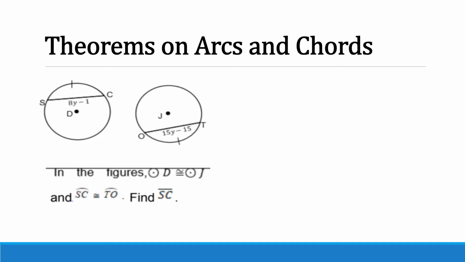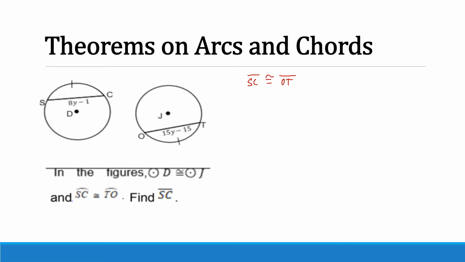So what we are going to do here is, since their arcs are congruent, therefore the corresponding segments are congruent also. Okay, so segment SC is congruent to segment OT.